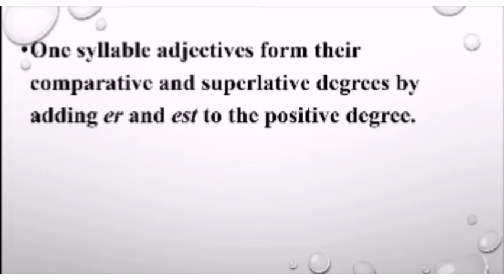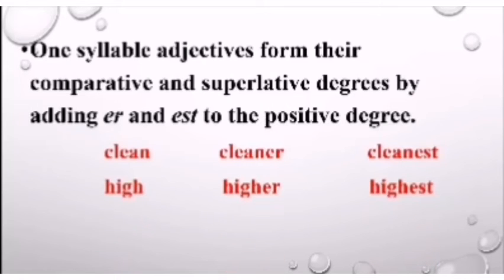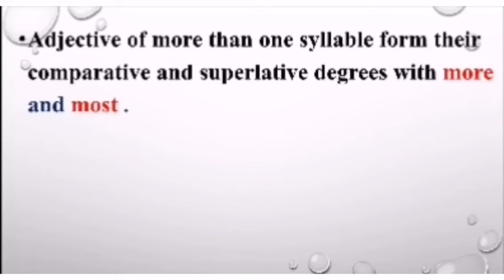We have different ways to form these degrees. One syllable adjectives form their comparative and superlative degree by adding er and est to the positive degree. Examples: clean, cleaner, cleanest; high, higher, highest. Clean, one syllable. Let's have the second rule. It suggests that adjectives of more than one syllable form their comparative and superlative degrees with more and most.